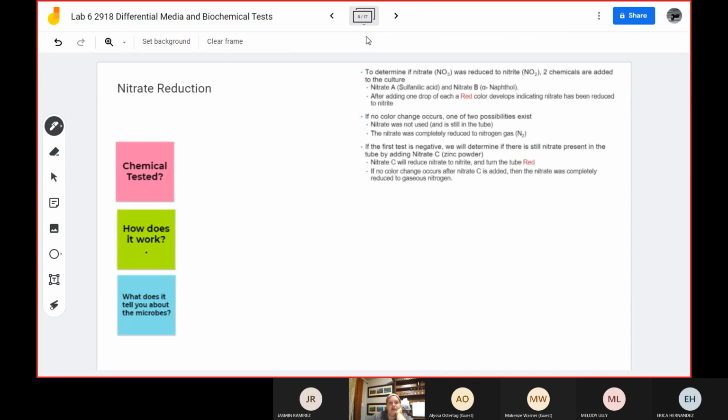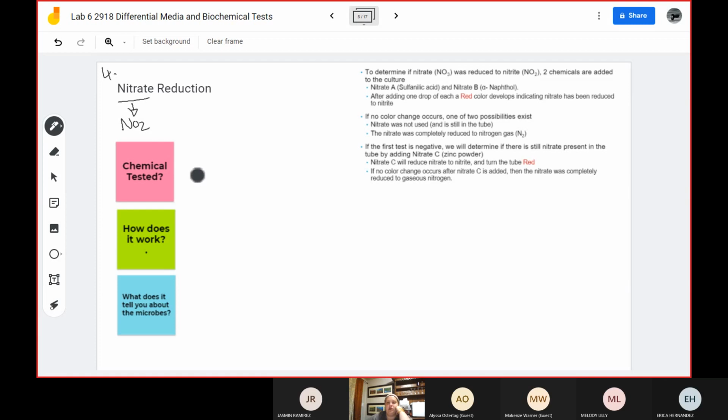The next ones, we're on number 4 here, is nitrite reduction. So like some bacteria can use oxygen to produce ATP, some bacteria can reduce nitrate to nitrite, to NO2, to produce energy.